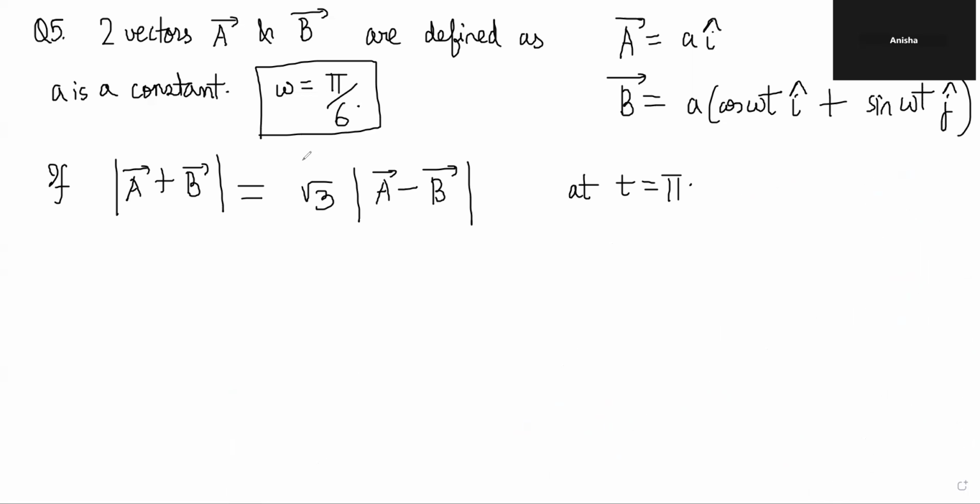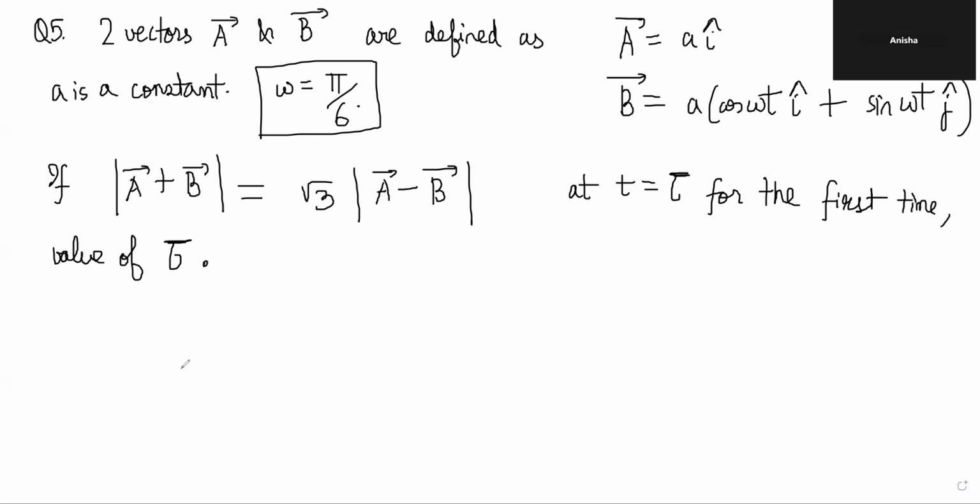If this is equal to this at t equal to tau for the first time, the value of t is not pi, t is a variable tau. We have to find the value of this tau variable in seconds.